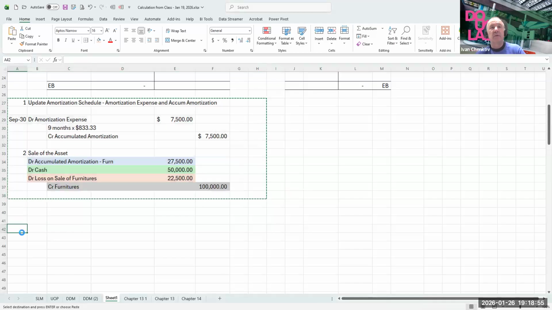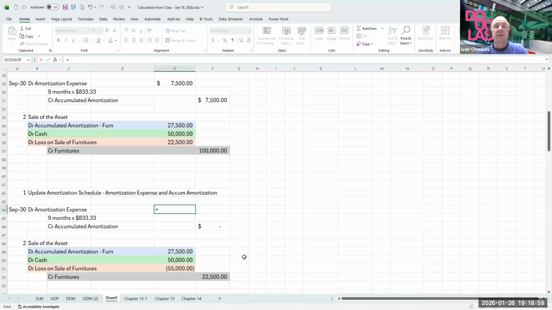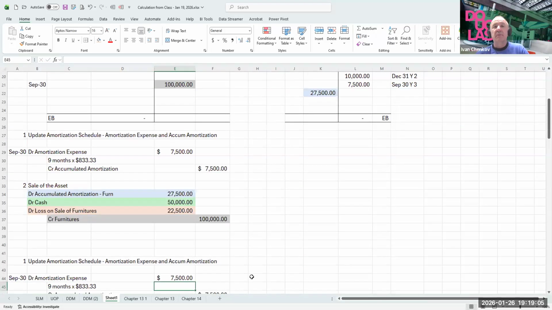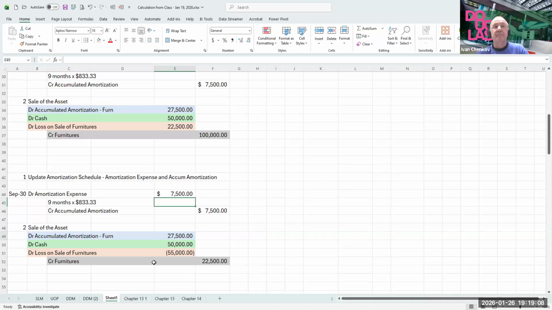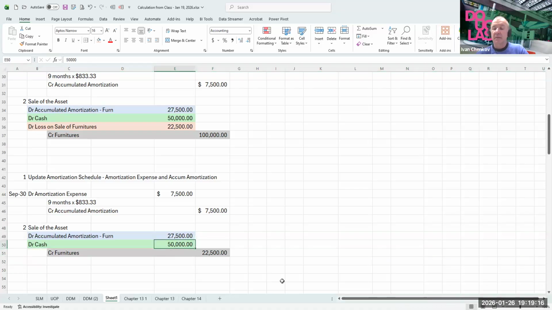Scenario two will be, we're still working with the same numbers. We're still getting 9 times 833.33. We're getting the amortization. Now, accumulated amortization is gone. Option two will be, as you said, let's get the $72,500 cash.